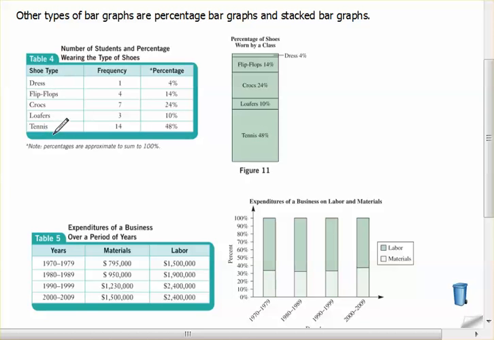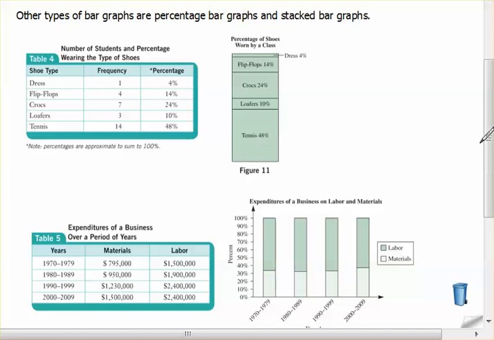Those are our shoe types here, and they've changed their frequency over to percentages and then blocked off the bar by percentage. So half of the bar would be 50%. This tennis shoe being 48 is just a little bit less than half of the bar itself. So in a way, it's kind of like a pie chart, which we're going to talk about in just a second. But you don't see these very often, but that's called a percentage bar graph when you do see one like that.